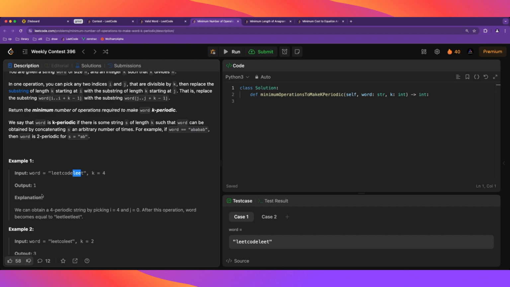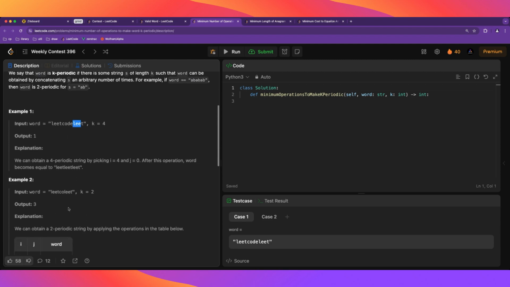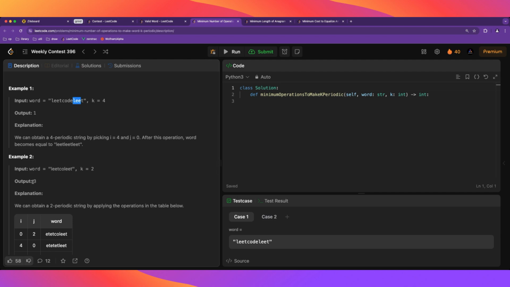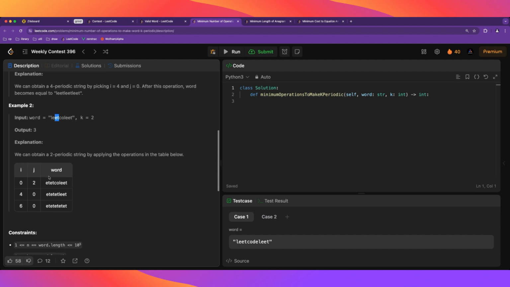And we made only one operation to get there. And here the output is 3 because we don't have any consecutive pair that repeats. So that means that we have to change all of them except one, right?